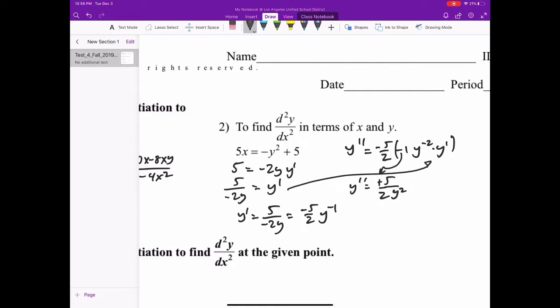And we said y prime was going to be 5 over negative 2y. We're going to rewrite this all together as y double prime is equal to negative 25 over 4y cubed, because that negative 2 in the back multiplied by that 2 in the front gives me that negative 4, and we'll write that as an overall negative.